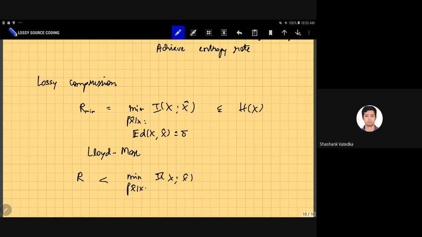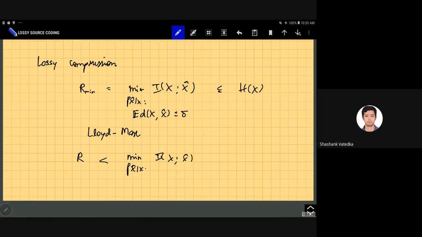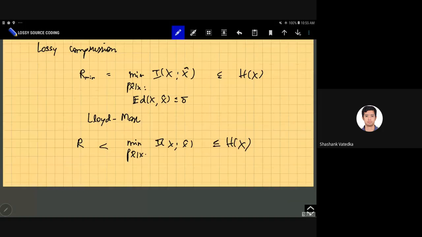Okay. So note that this is the minimum rate of compression, and since this is the mutual information between x and x hat, this is less than or equal to h of x bits, right? So for a binary source, h of x is always less than or equal to 1 bit.